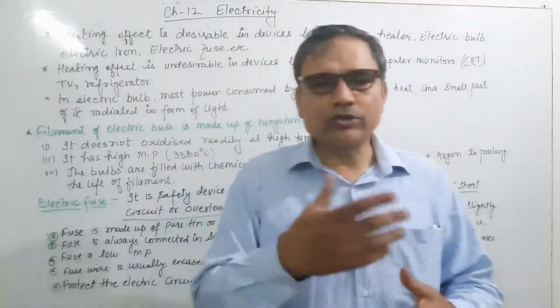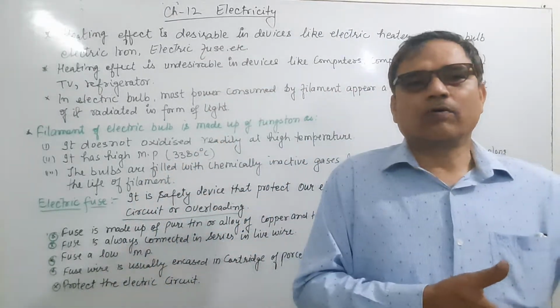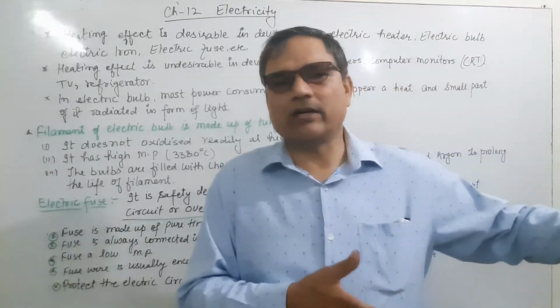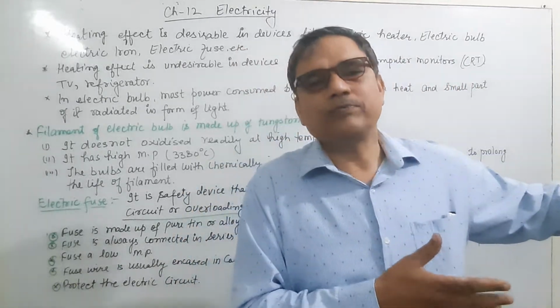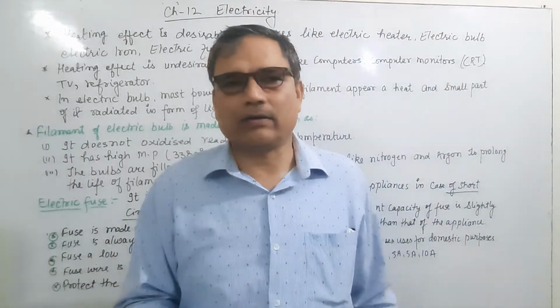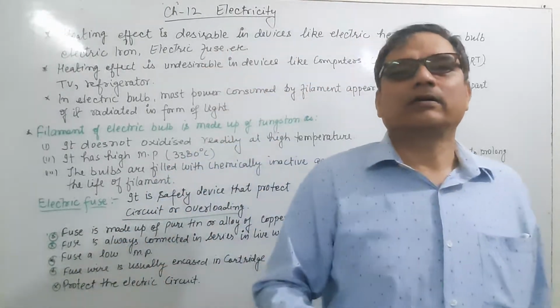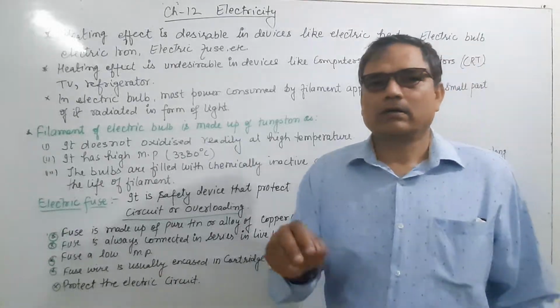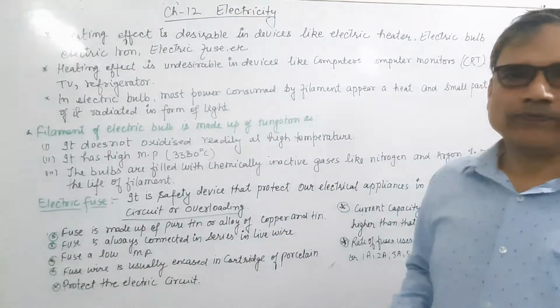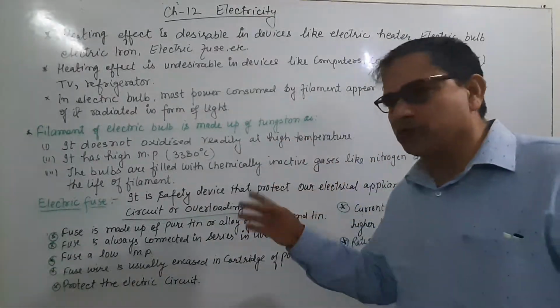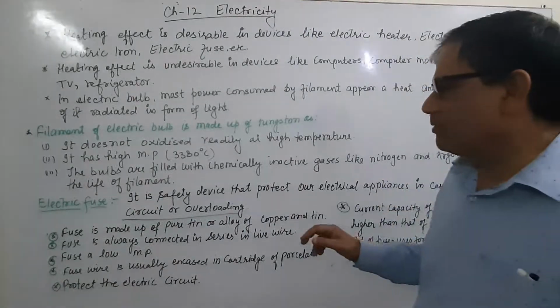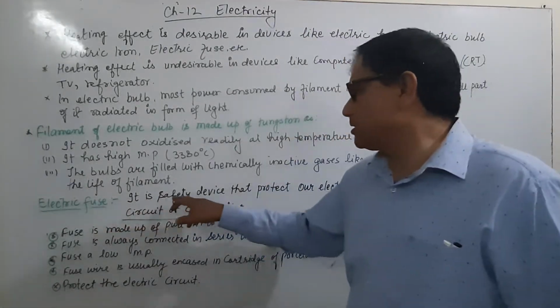Or generally, to reduce this overloading or short circuit, we use the MCB, miniature circuit breaker. The miniature circuit breaker automatically cuts the circuit, breaks the circuit, similar to the fuse. And now, the electric fuse is a safety device.